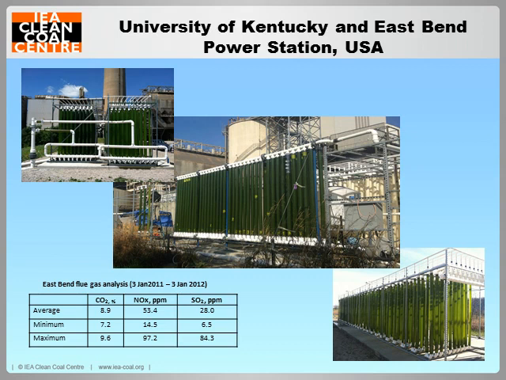The plant has a single 650 megawatt unit with wet scrubber and SCR installed. The flue gas used in the pilot plant was obtained after the scrubber and SCR treatment.